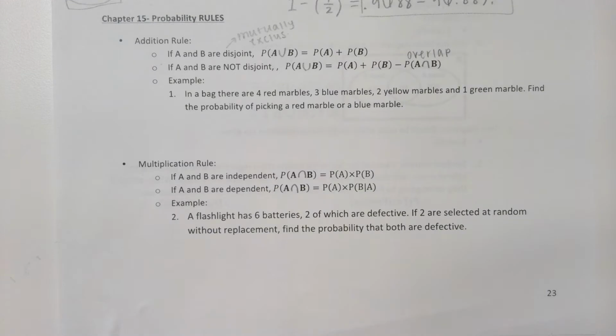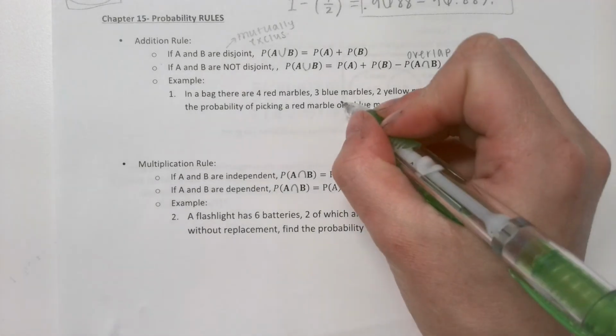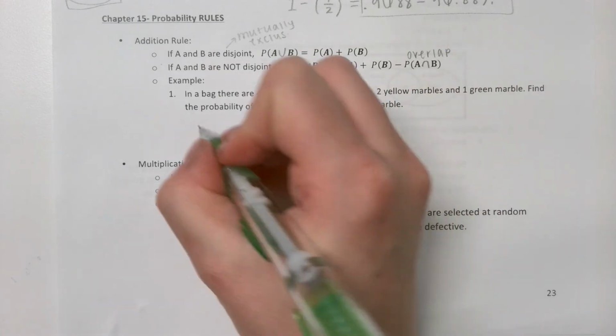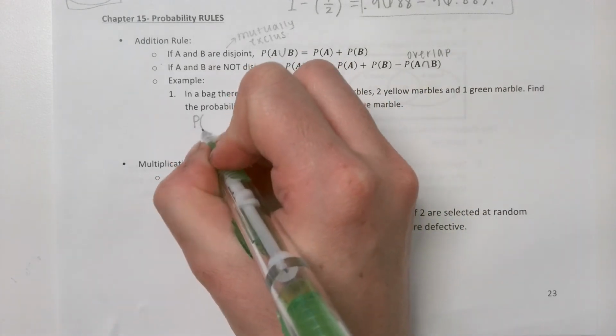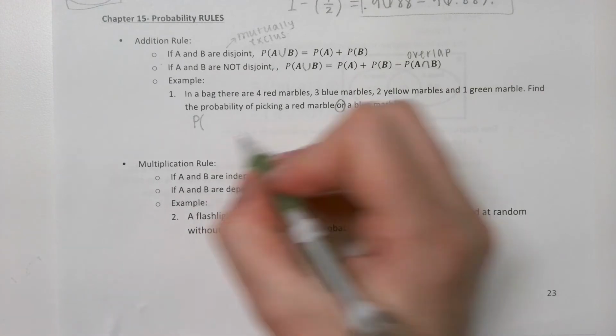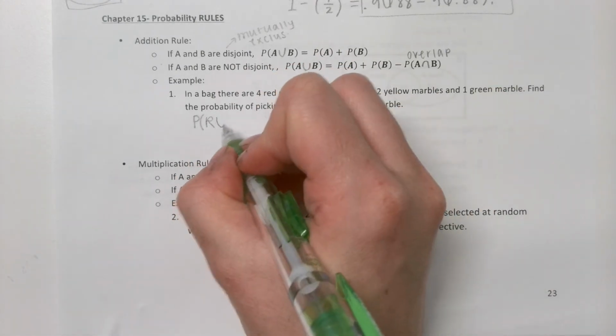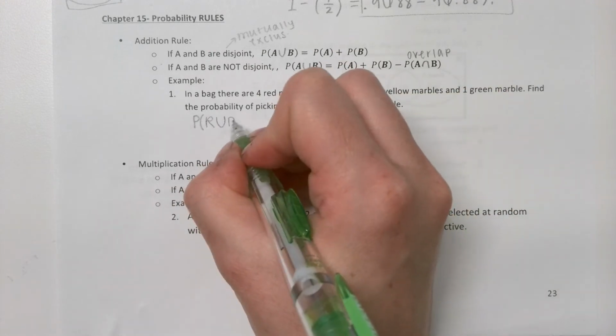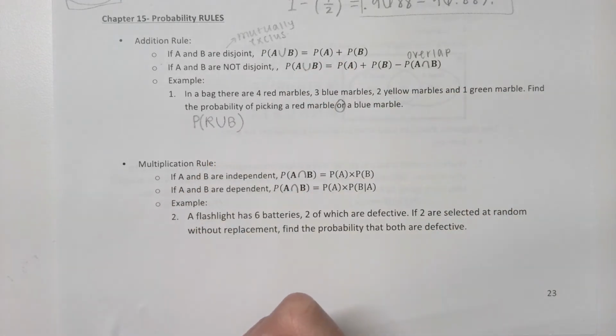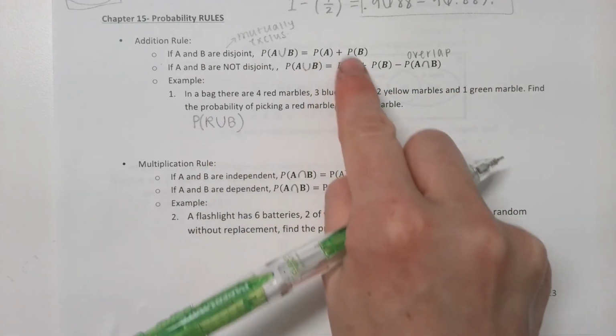It says in a bag there are 4 red marbles, 3 blue marbles, 2 yellow, and 1 green. We want to find the probability of picking a red or a blue. So since I'm looking for red or blue, notation-wise, I would write it as probability of, for red, I'm just going to use R, or blue, I'll use B. So I'm going to start with splitting it up here.